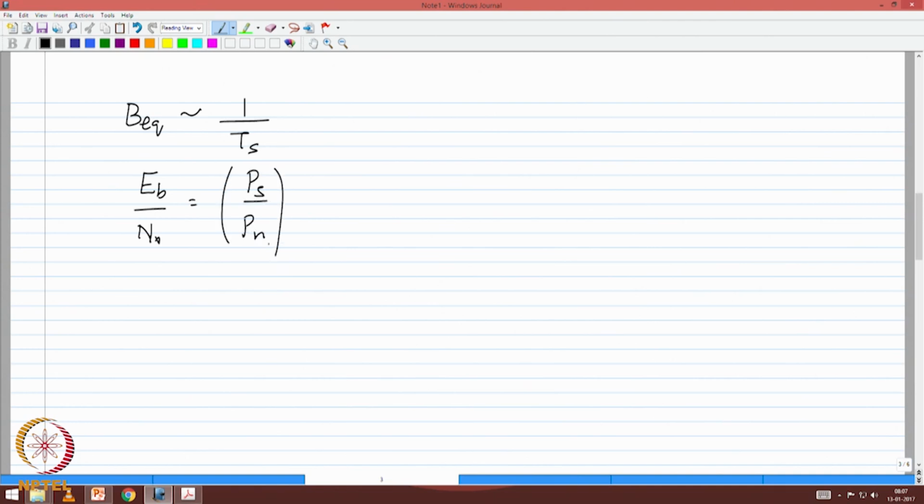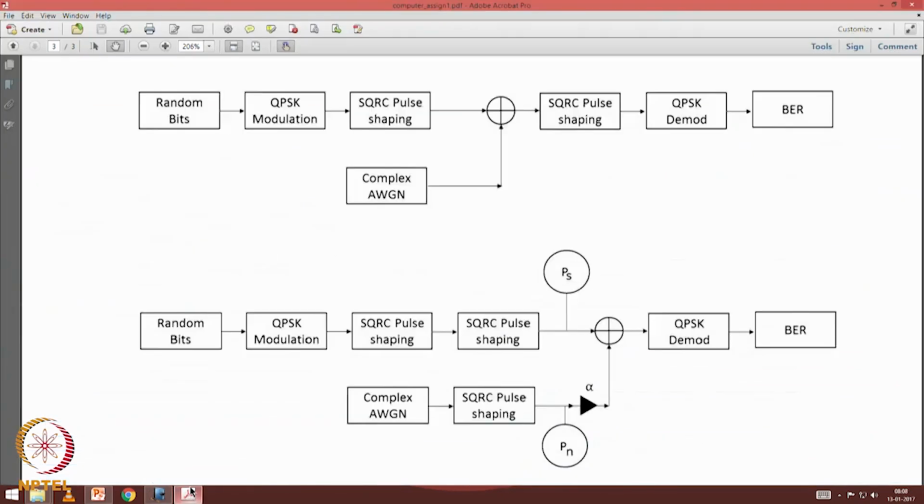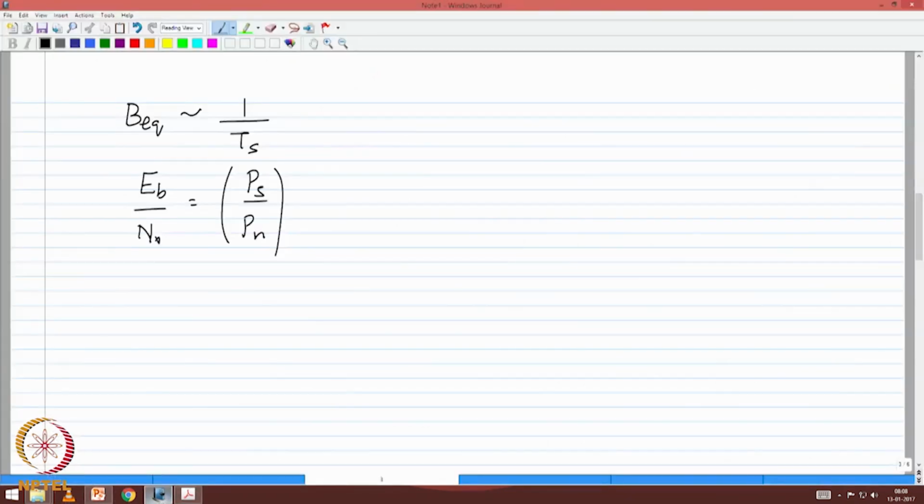Notice when you looked at the simulation, you can actually put the meters, or basically take the magnitude square of the complex numbers and average it. That will give you PS and Pn. Once you have our ability to measure PS and Pn, this term becomes TB by Ts, right?